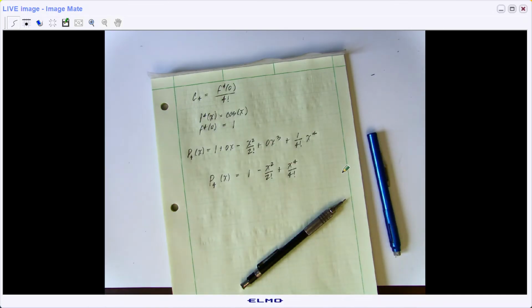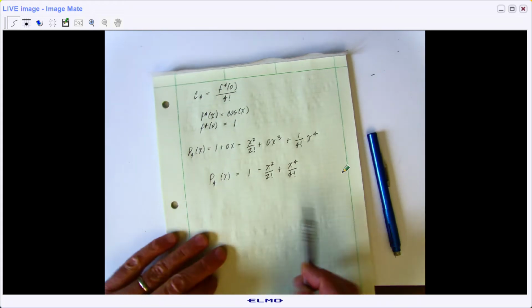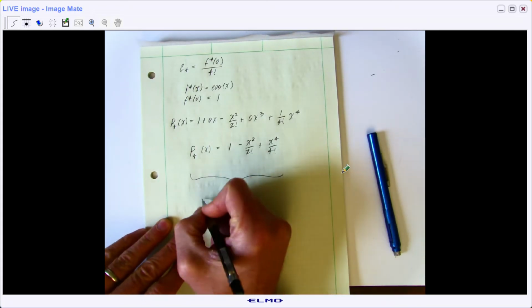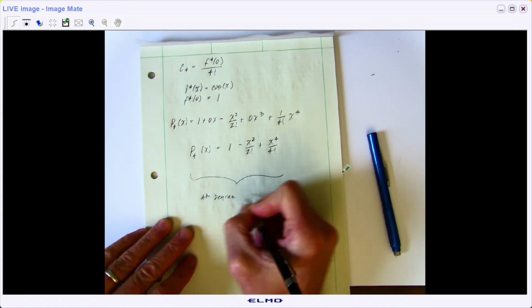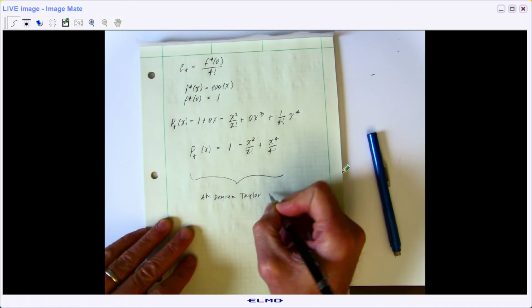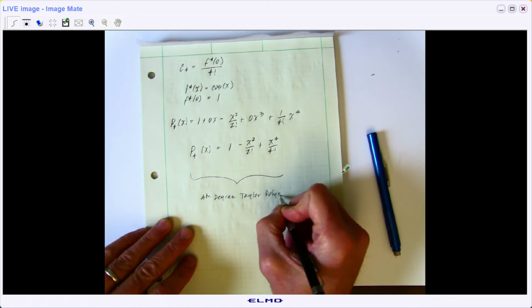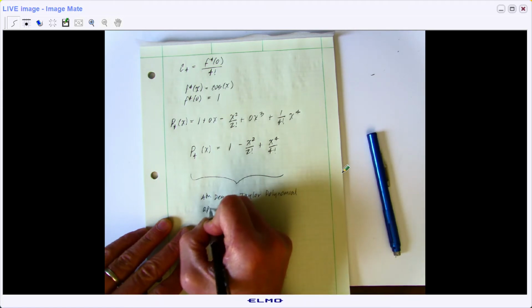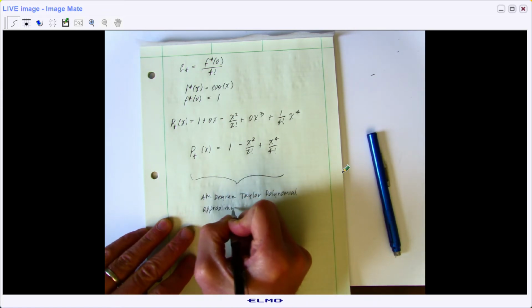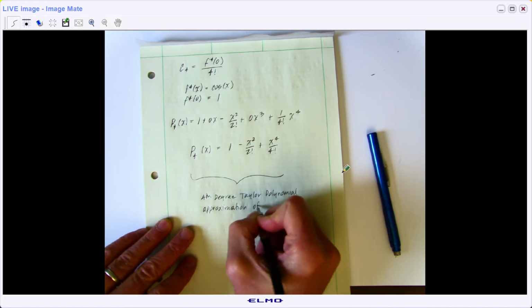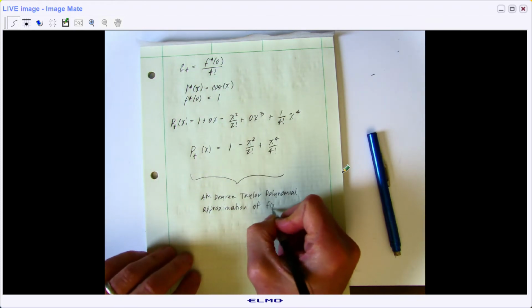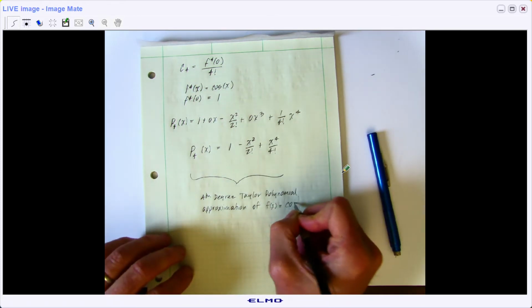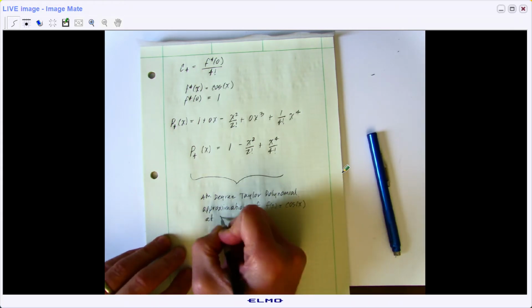But you should be thinking to yourself, well, if this was a fourth degree Taylor polynomial approximation of f of x equal cos x at x equals 0.